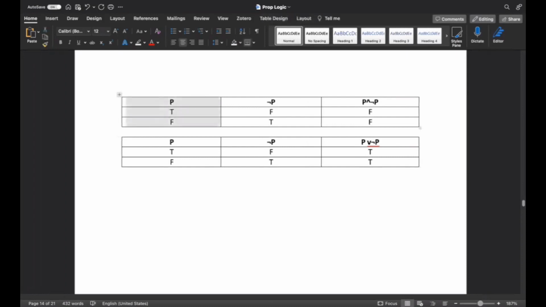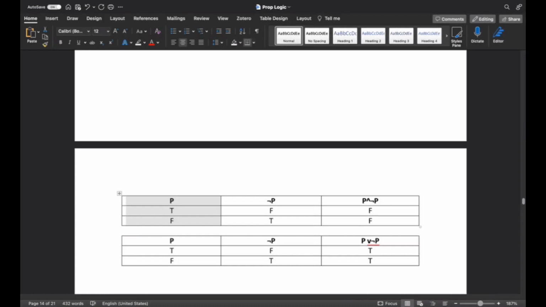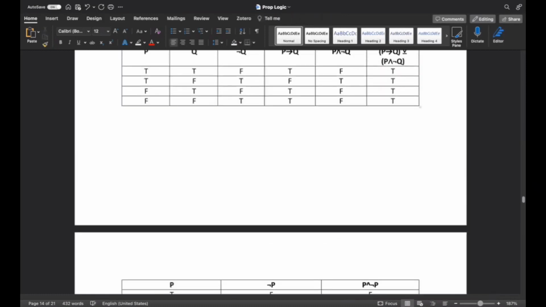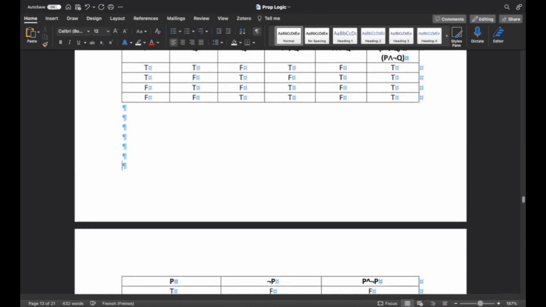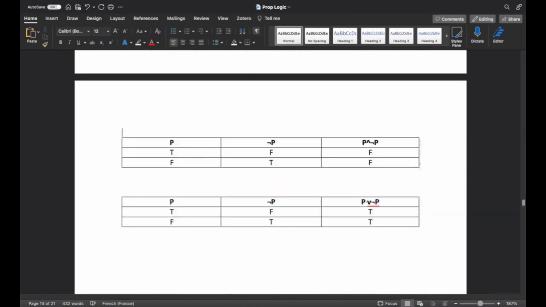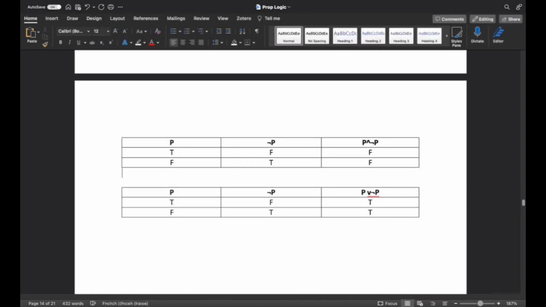What's interesting is when you have a contradiction, all the rows of the truth table will be false, and when you have a tautology, all the rows will be true. This is reflective of the law of non-contradiction. A contradiction by definition is when all the rows of the truth table are false.